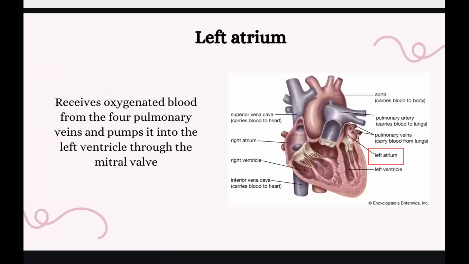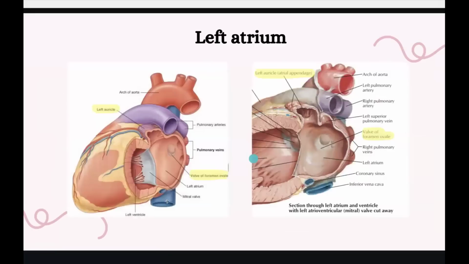Next, we have the left atrium. So the left atrium, there's not really much to identify here. It receives oxygenated blood from the pulmonary veins, and then it pumps it into the left ventricle through the mitral valve. So again, mitral, two cusps. In the left atrium, it would also have the valve of the foramen ovale, because we said the foramen ovale was in between, a shunt between the right and left atrium.